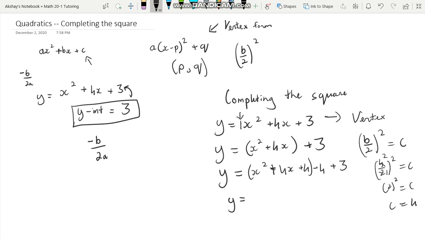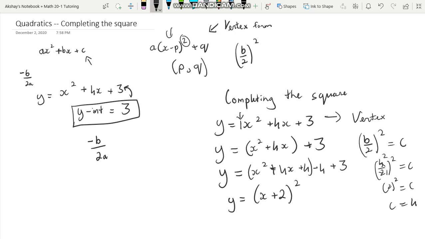Now I know that my x squared plus 4x plus 4 is a perfect square, which is also what we need in our vertex form, because we have here, as you can see, x minus p squared, and for our term to be squared, we need something that can be transformed into a perfect square. In this case, it can, because we can have x plus 2 squared.